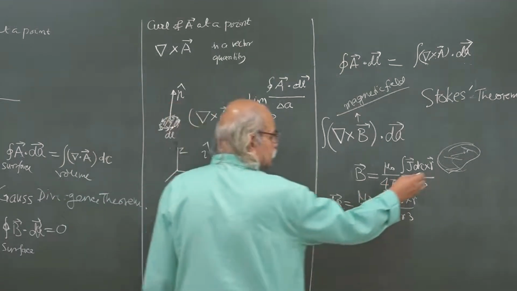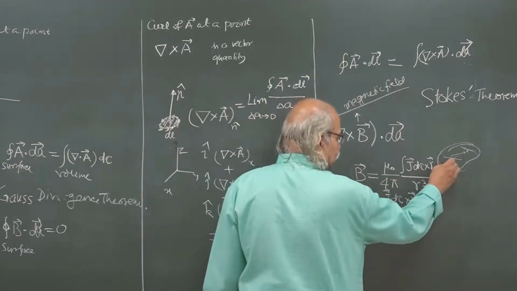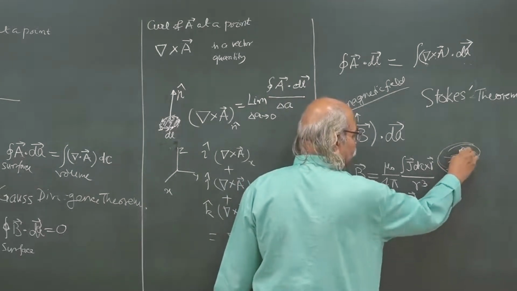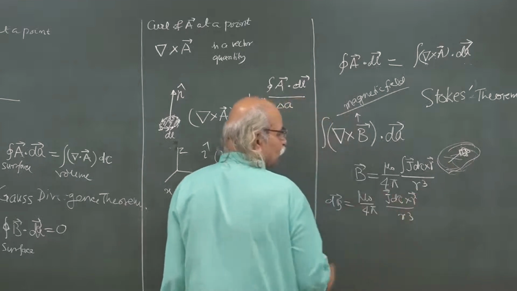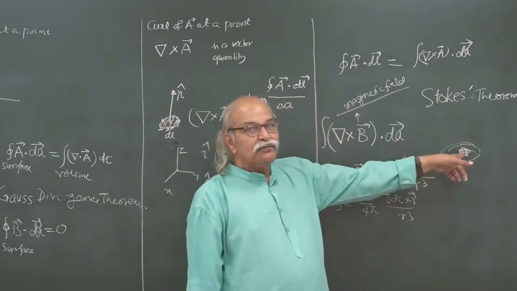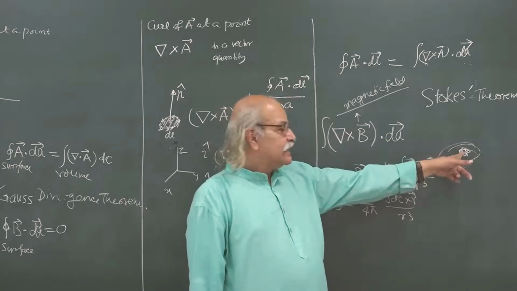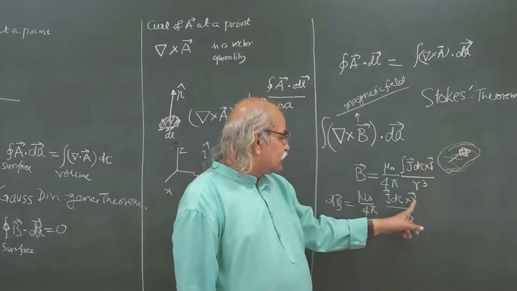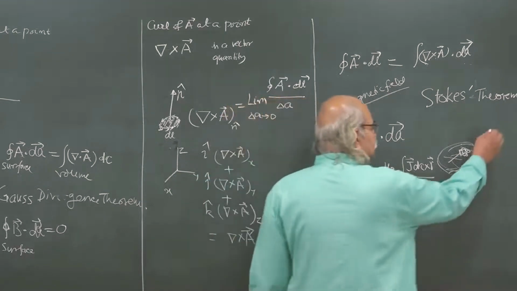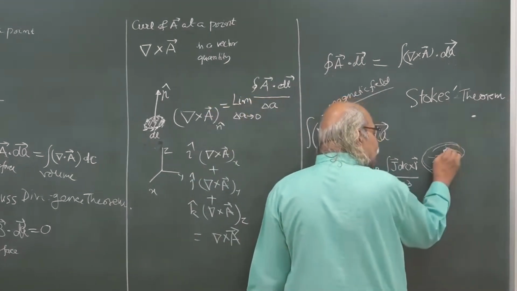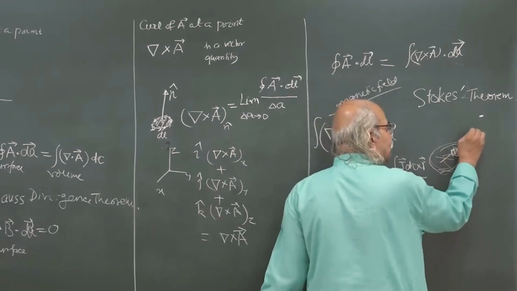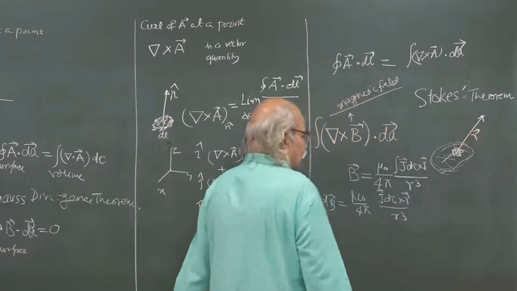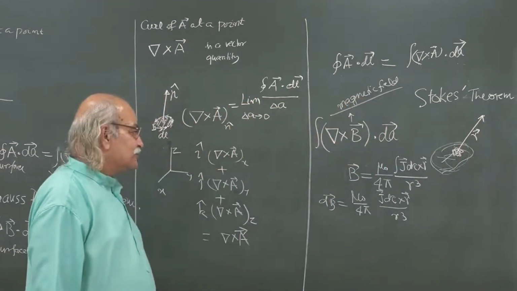In this current distribution itself, you take a small part d tau, this is that d tau, and see how much is the volume current density here, and then j d tau, that is your current element, and this r is the vector from this chosen d tau to the field point. This is your r.